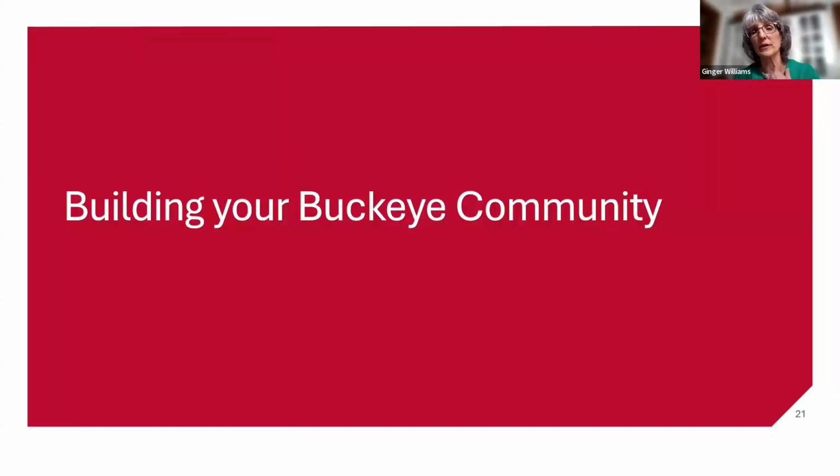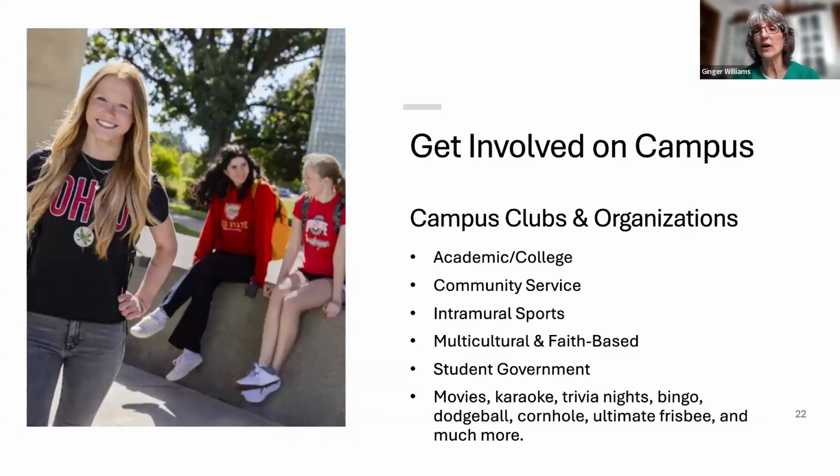So in order to help build your Buckeye community, we are a small campus, but it's a community feel with that campus. There's lots of things to get involved in on campus. We have academic and collegiate organizations. We have community service organizations. Our intramural sports depend on our students that are on campus at the time. It's what they're interested in.